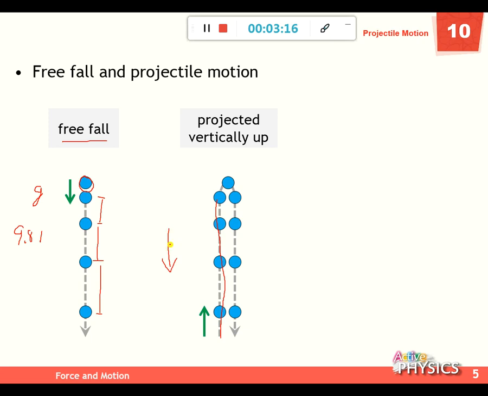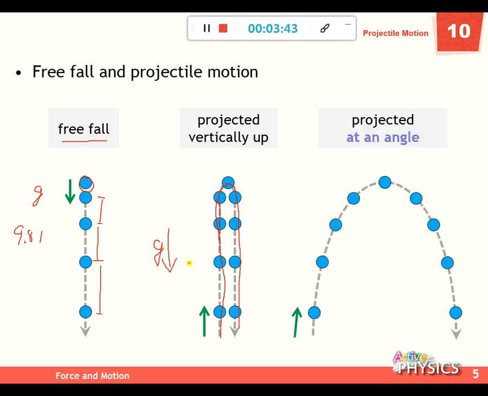But if you focus on the downward acceleration, then this will be the downward acceleration. It will move up to here, be momentarily at rest, and then move down with acceleration. So in the whole case, everything undergoes constant acceleration 9.81 in the downward direction.